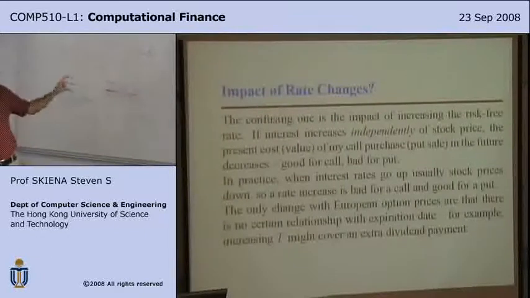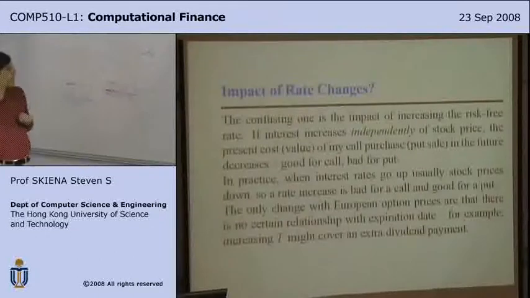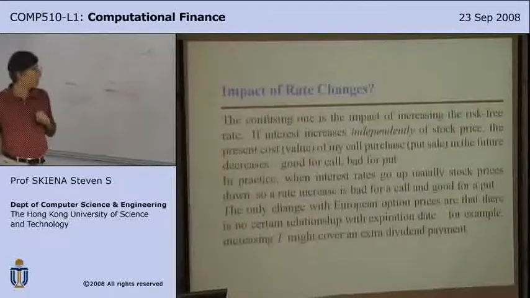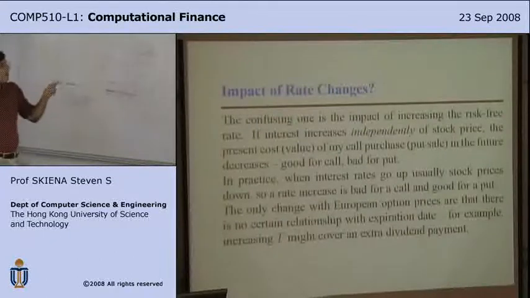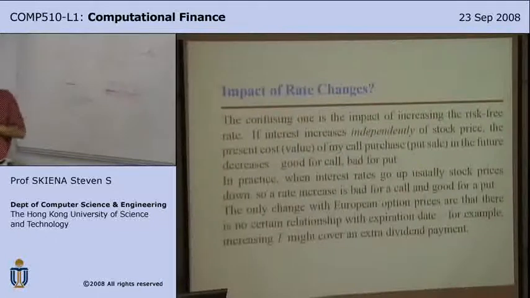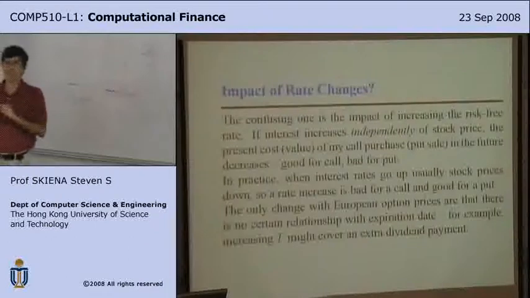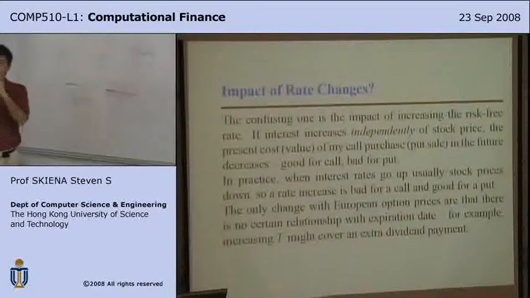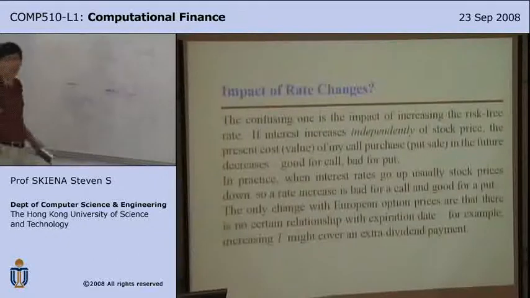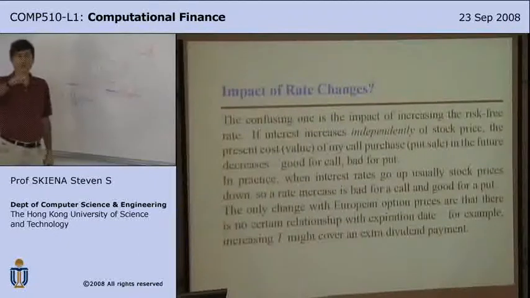The one final point here about the directions of these changes is that this issue with dividends is one reason why European options behave differently than American options. Do we remember what was the difference between a European option and an American option?